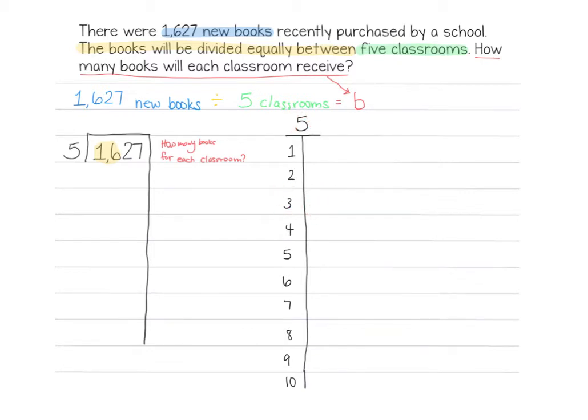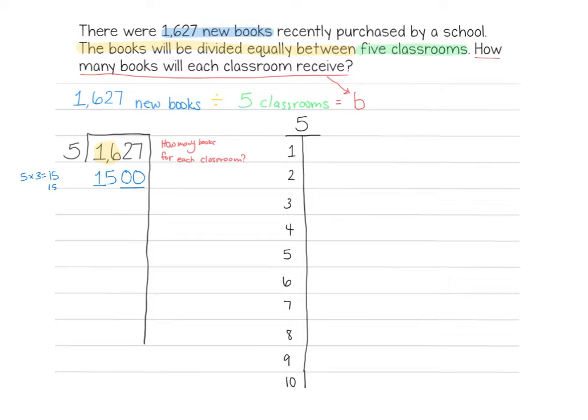5 times 3 is 15. So if we use 15 hundreds, we know that 5 times 3 equals 15. However, this is 15 hundreds. So we need to make sure that we have the value of 15 hundreds, which would be 1,500.